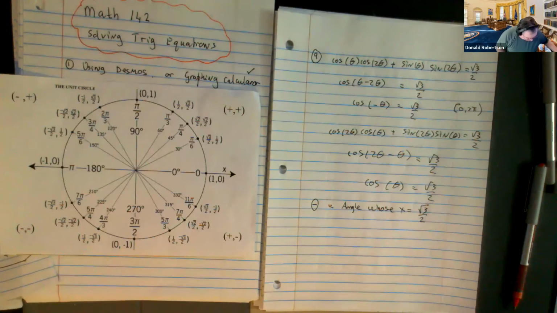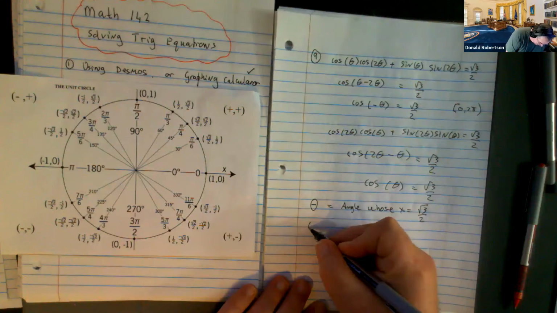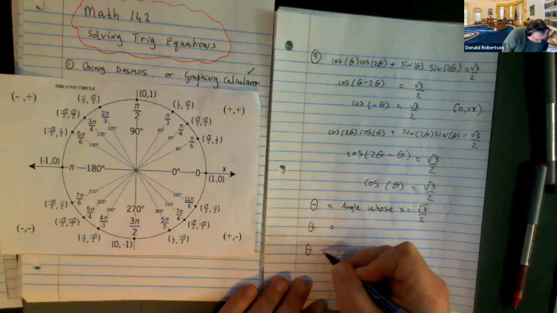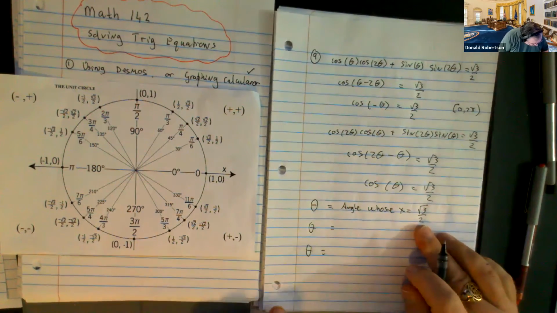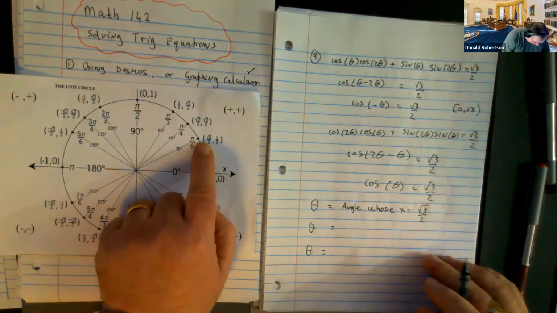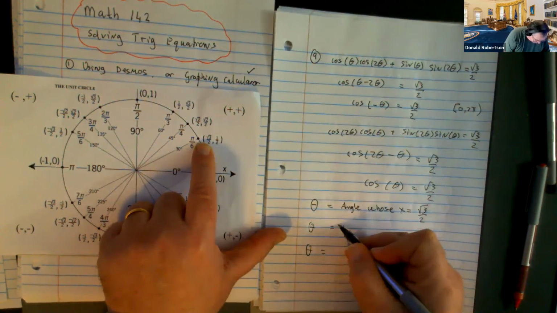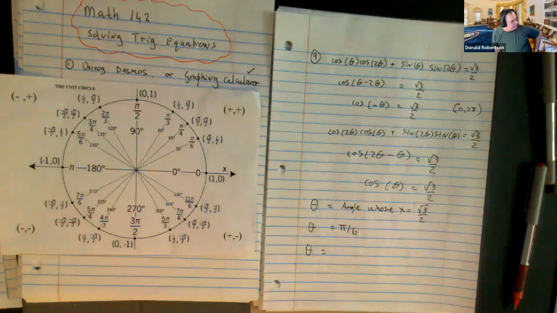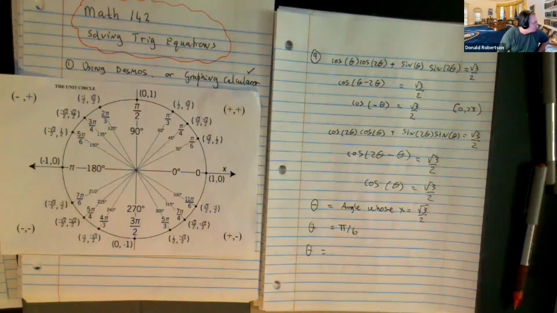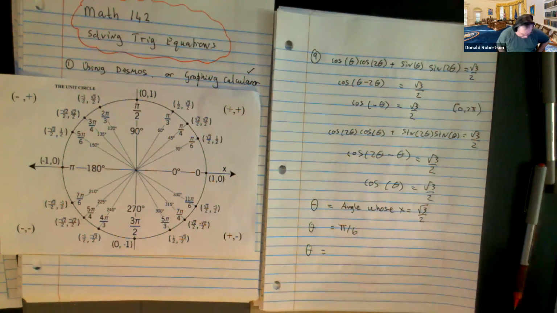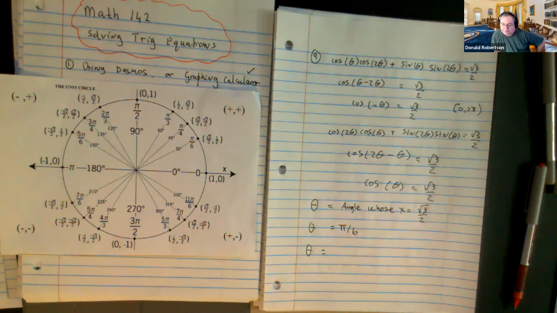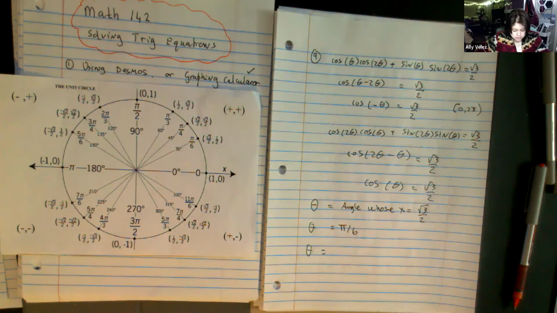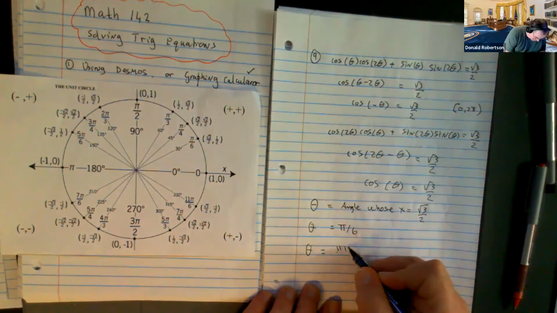Well, if I go hunting for the answers, I believe there's only 2. The x coordinate of root 3 upon 2 is this one, so that's what, pi upon 6. Where's the other one? 11 pi on 6. Yeah.